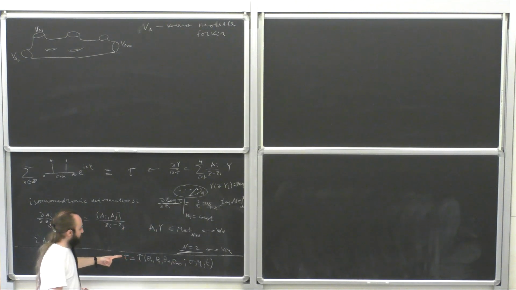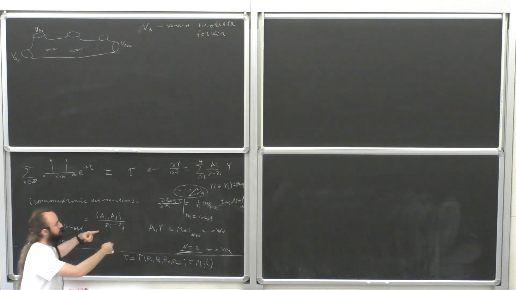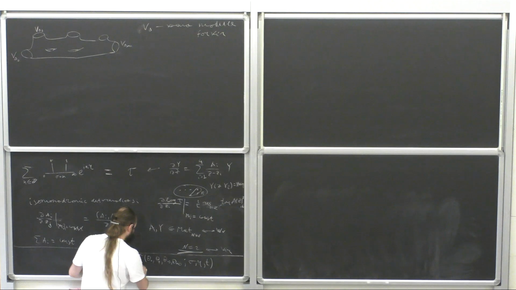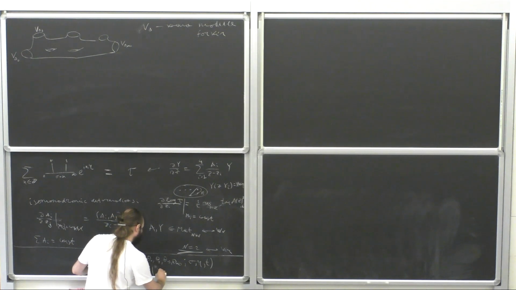These thetas parameterize eigenvalues of A_i, so A_i is conjugate to diag(theta_i, minus theta_i).